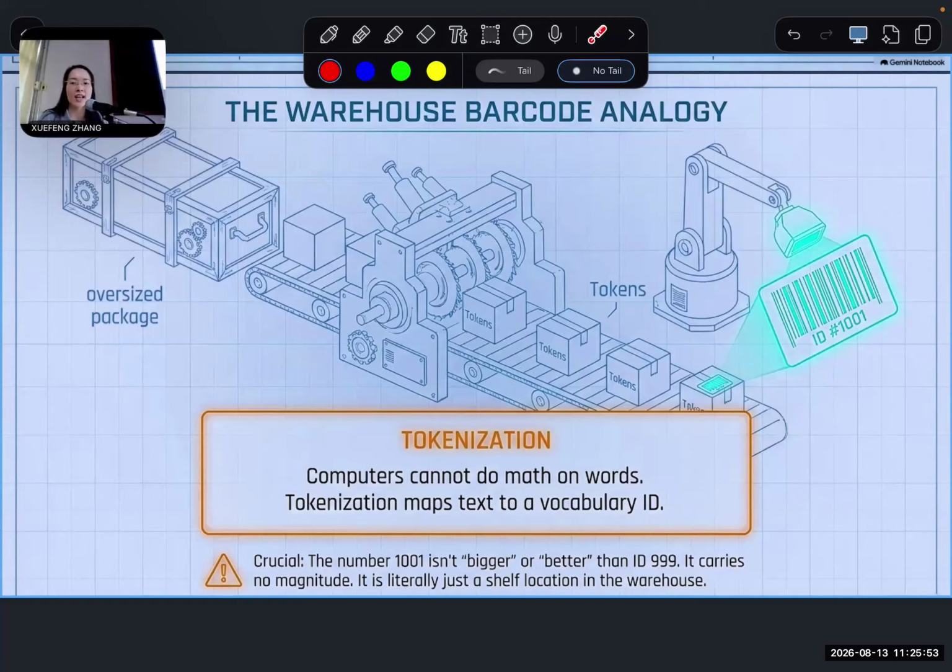An oversized package gets scanned and assigned an ID. So this package got the ID 1001. The number simply tells the system where this word lives in the vocabulary list, nothing more, right? So you see here, the number 1001 isn't bigger or better than ID 999. It carries no magnitude. It's literally just a shelf location in the warehouse.